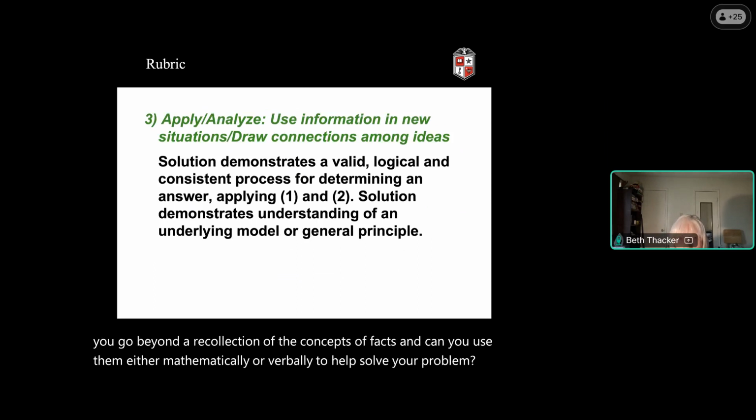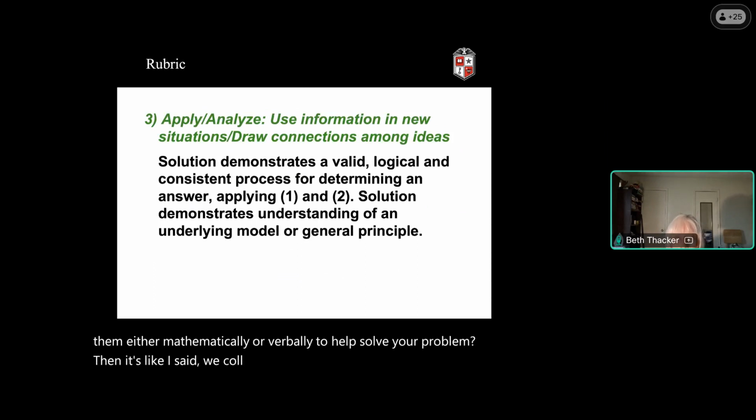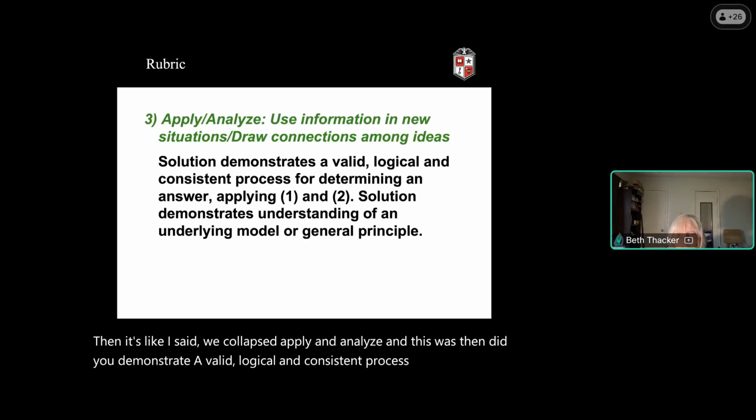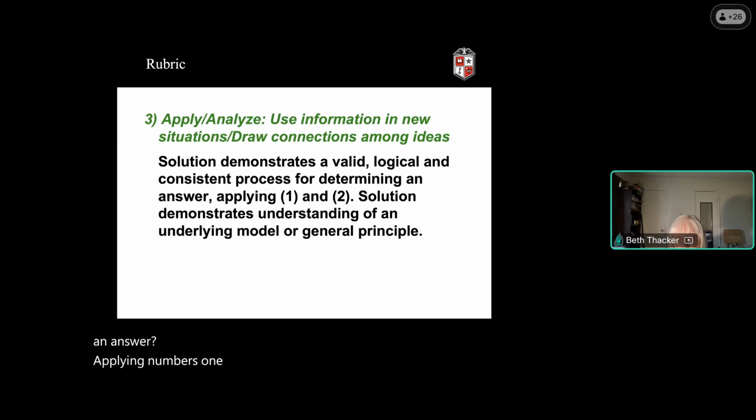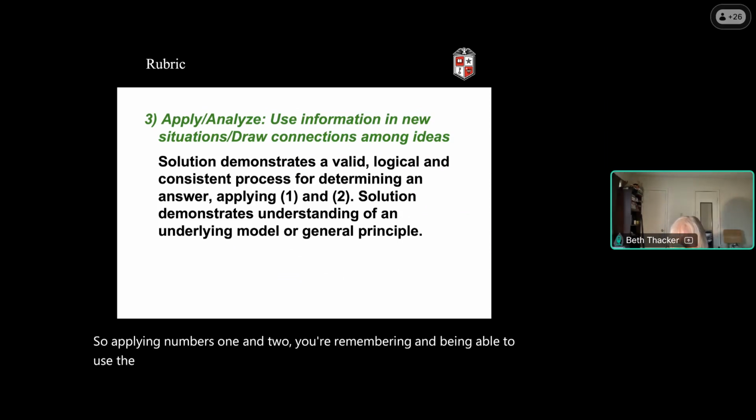Then, like I said, we collapsed apply and analyze. And this was, did you demonstrate a valid, logical, and consistent process for determining an answer? So applying numbers 1 and 2, you're remembering and being able to use the concepts to achieve an answer.